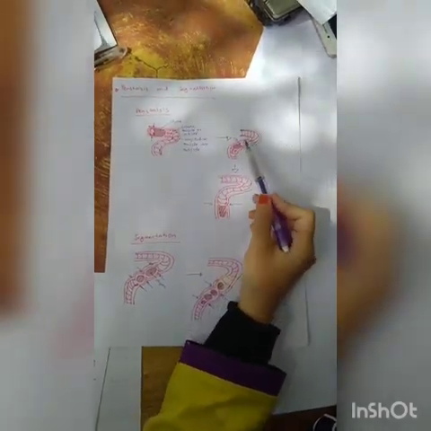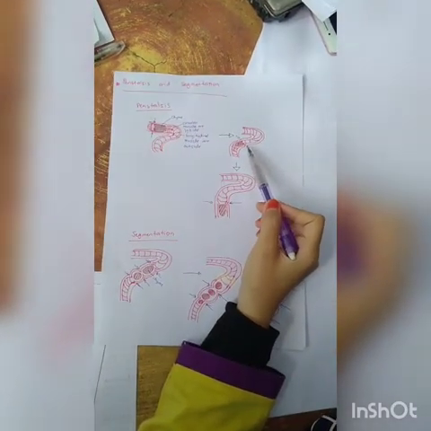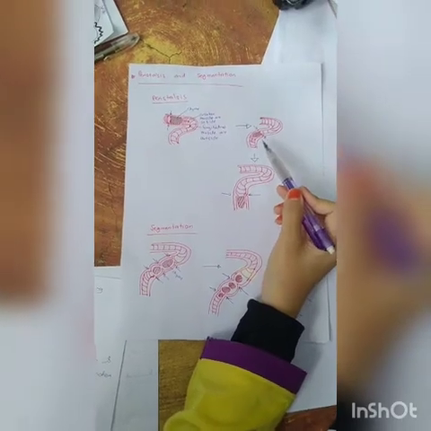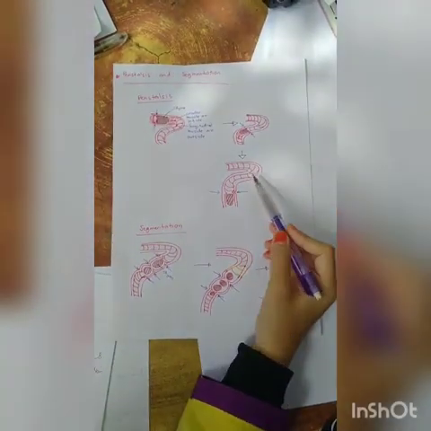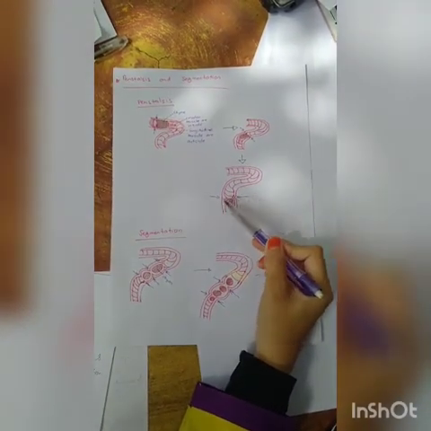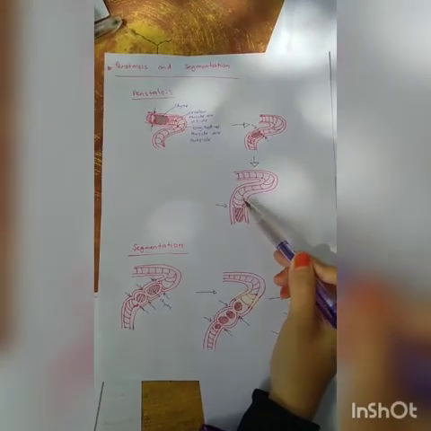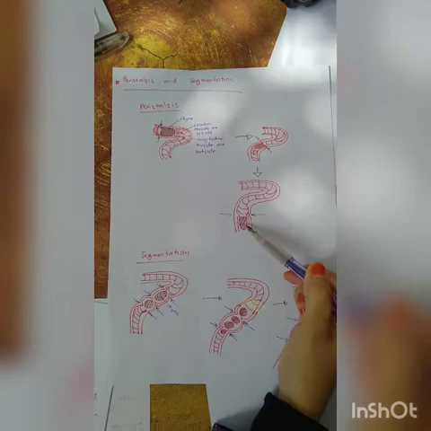Then the circular muscles relax and the longitudinal muscles contract, and the intestinal tube is loosened. After that, the circular and longitudinal muscles tighten and relax. The chyme moves forward ahead of the constriction.